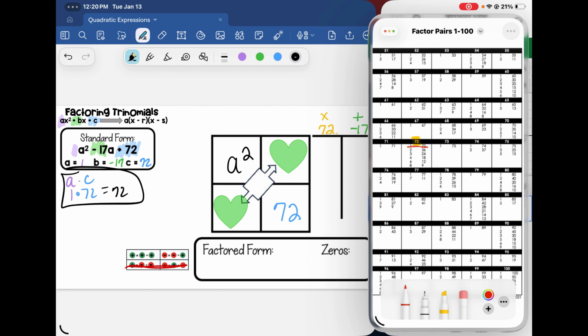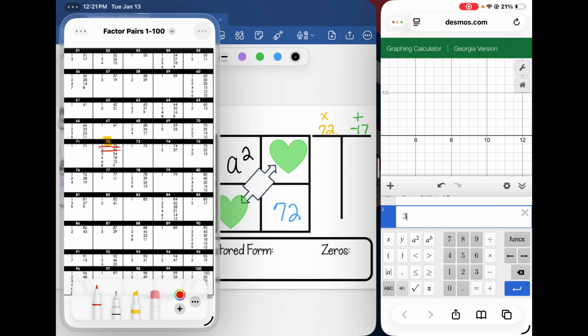Okay, so that's out. I can say a positive 2 times a positive 36, or a negative 2 times a negative 36. Either way, they're going to multiply to positive 72. But what's 2 plus 36? That's 38. That ain't nowhere near 17, so I don't need to look at that either. All right, I can try 3 and 24. But what's 3 plus 24? 3 plus 24 is 27, which means negative 3 plus a negative 24 is a negative 27.